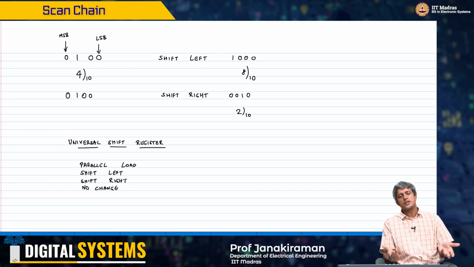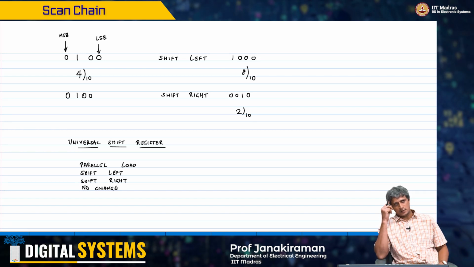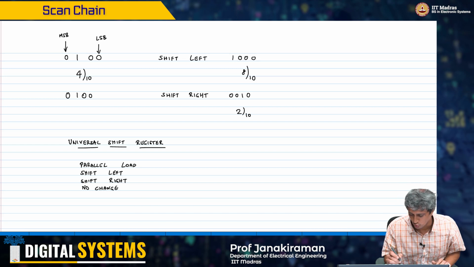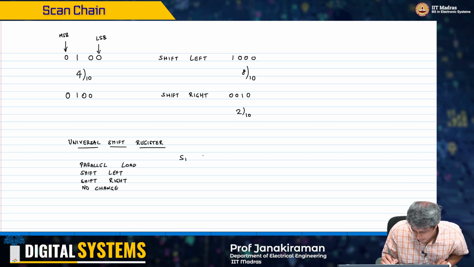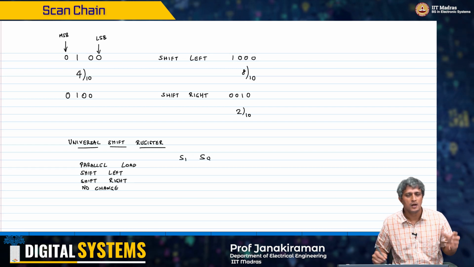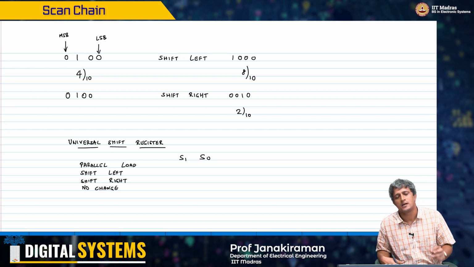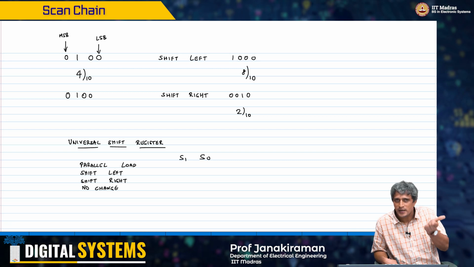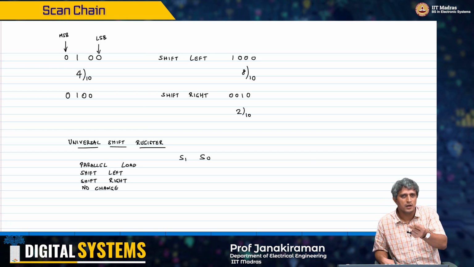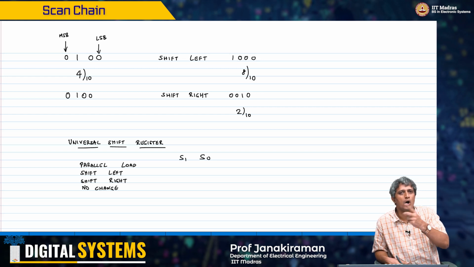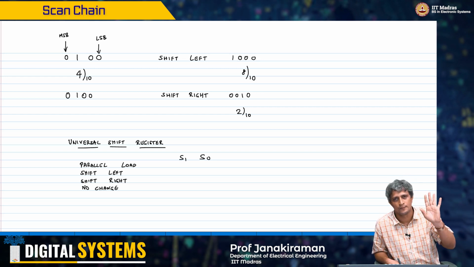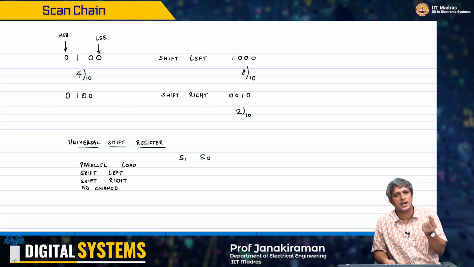Obviously, in order to implement this 4 state system, I need 2 select lines, S1 and S0. So you could do 4 combinations, just extending the same logic that we did. Earlier we wanted to do only one of 2 things, either load or shift, or load or no change, so we used 1 select line there.